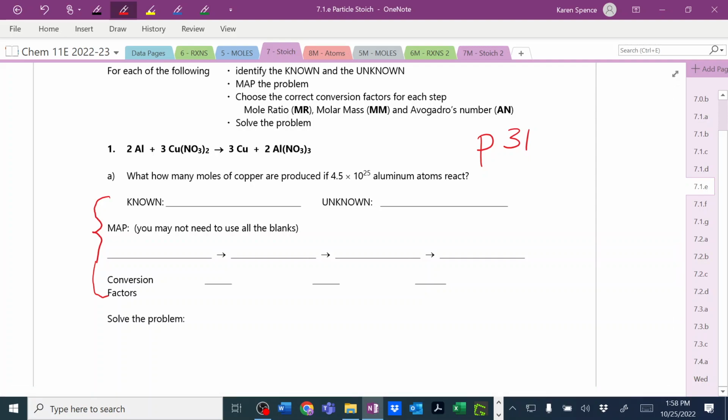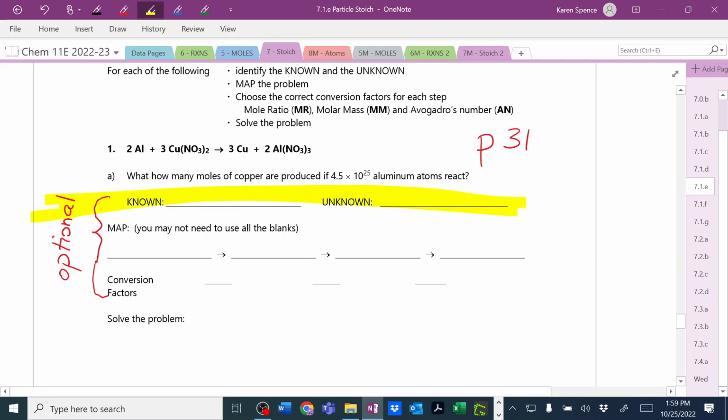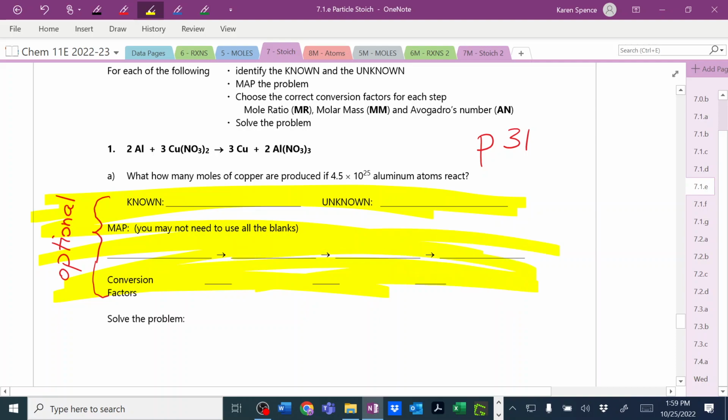Okay, cool. So this bit here, just to clarify, this is optional.